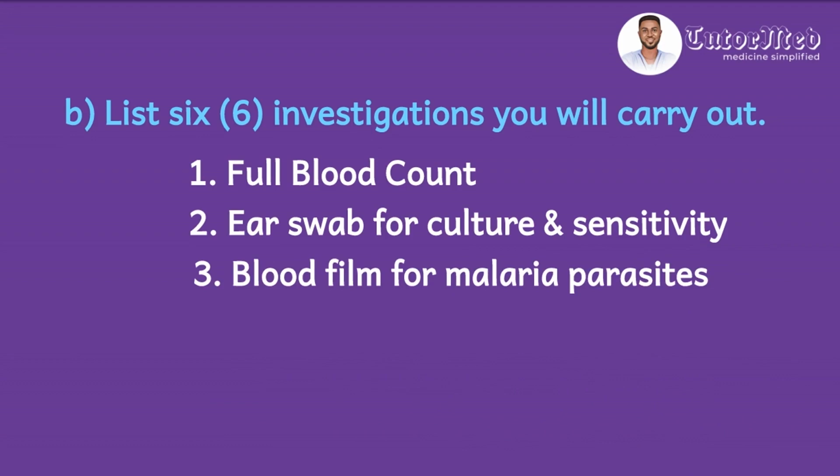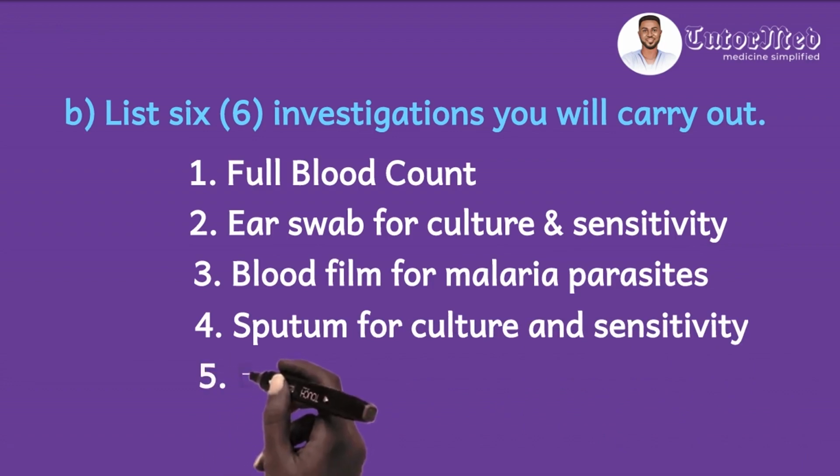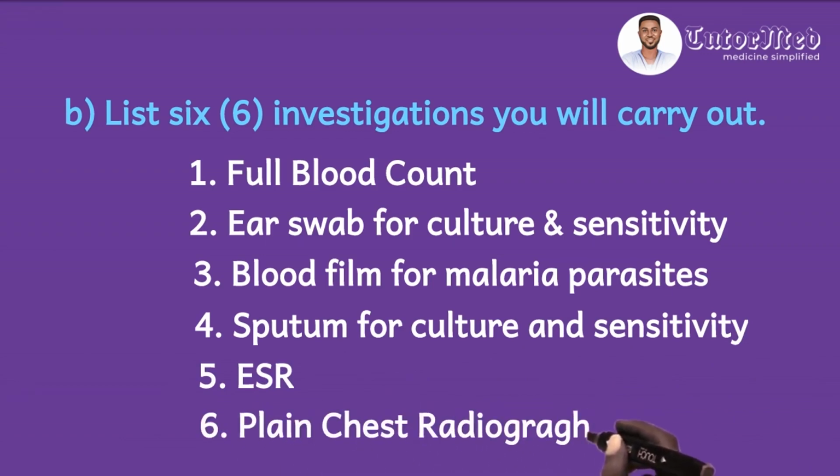Then we may take a sputum for culture and sensitivity. We may do an ESR, which would tell us that there is an inflammation. We may do a plain chest radiograph, which may also pick up pneumonia. Of course, there may be an upper respiratory tract infection that was associated with pneumonia, and then we had acute otitis media.